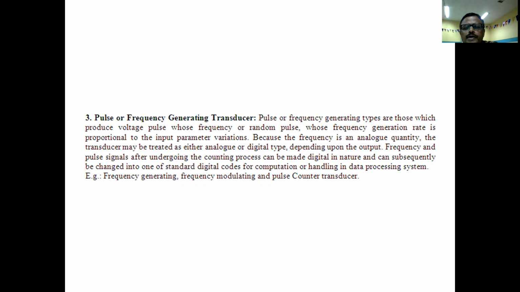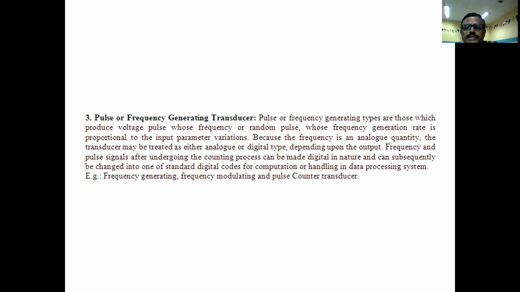In this type, pulse or frequency generating type transducers are those which produce the voltage pulses whose frequency generation rate is proportional to the input parameter variations.